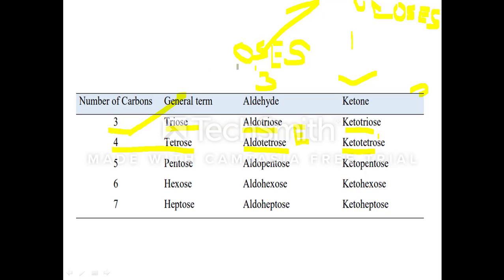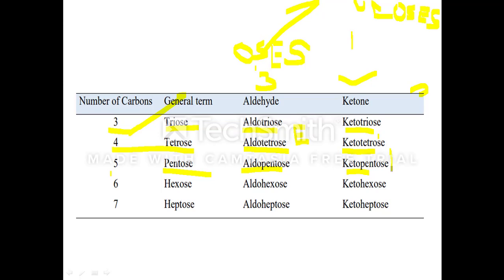Next is pentose. The pentose monosaccharide will have 5 carbon atoms in its skeleton, and if it has the aldehyde, it is called aldopentose. If it has the ketone, it is called ketopentose. The best example is ribose.